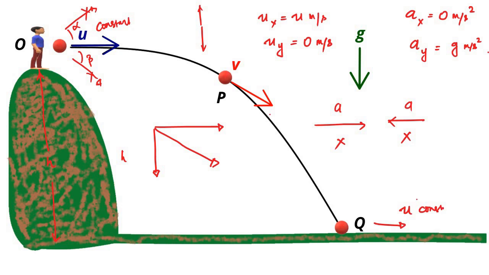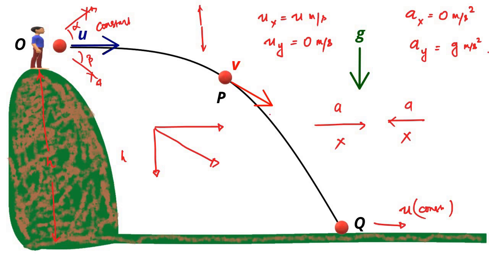But the vertical component, which is initially 0, as it moves along this trajectory OPQ, its value increases. How? Because of downward acting g.